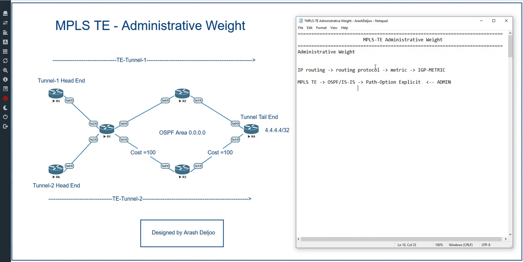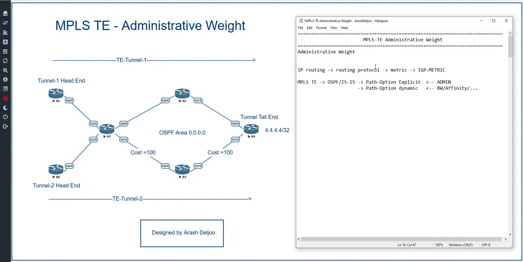But when you are configuring the path option dynamic, how should TE select the best path for the tunnel, okay? You know that TE should consider the constraints of the links, for example, bandwidth requirement, or as you learned in the previous scenario, affinity, or some other features, okay?